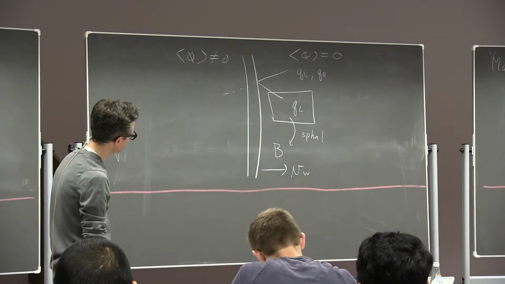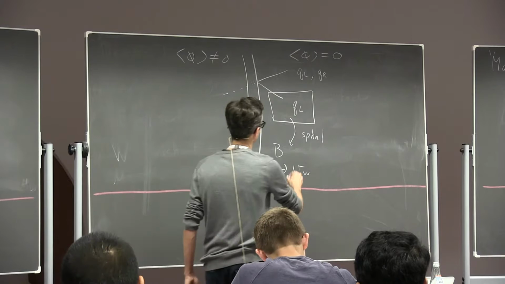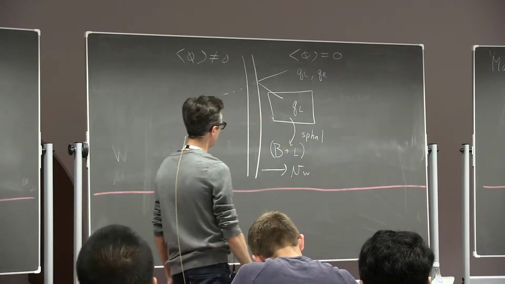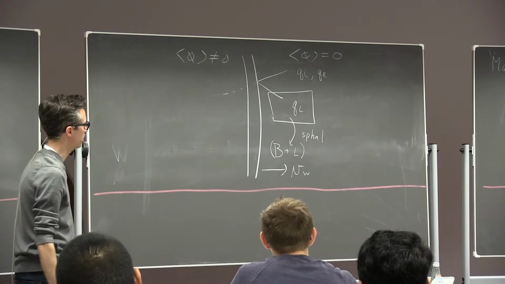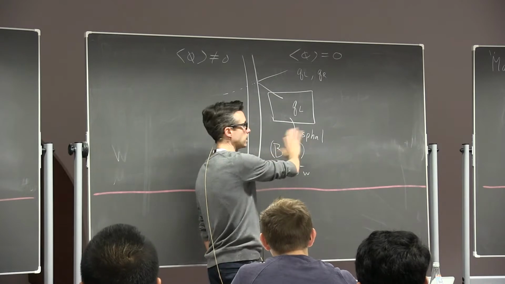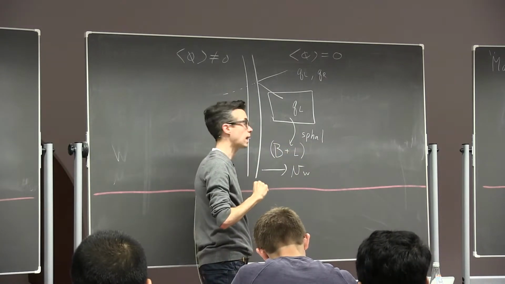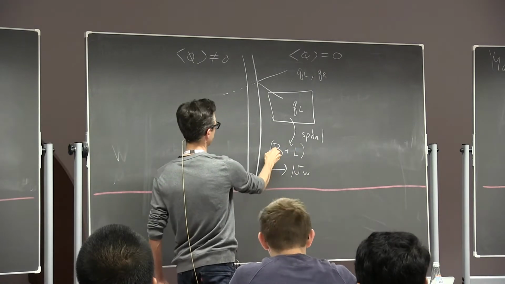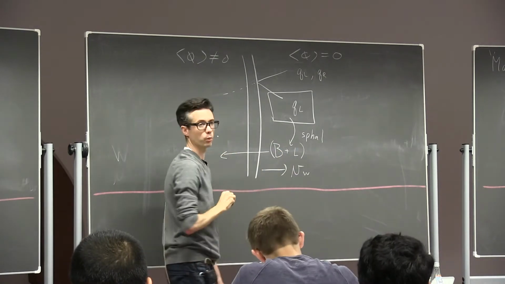Actually, specifically, I've got a B plus L charge. And if my bubble wall just sat there, and my B plus L charge just sat there, I'd have another sphaleron come along and eat it up and get rid of it. But what happens instead is, because my bubble walls are expanding and moving along, this B plus L charge gets sucked up inside the bubble wall.